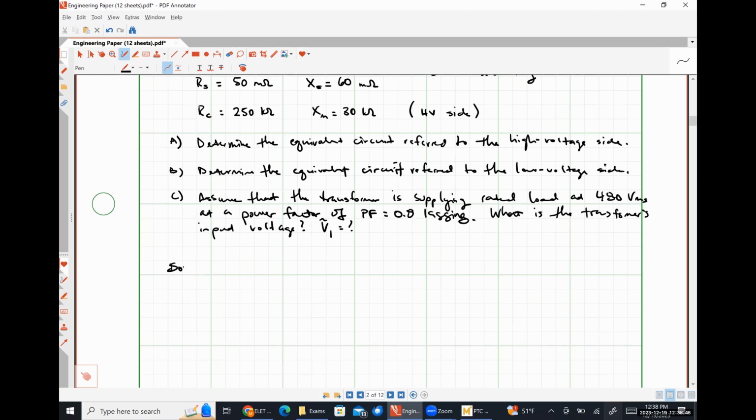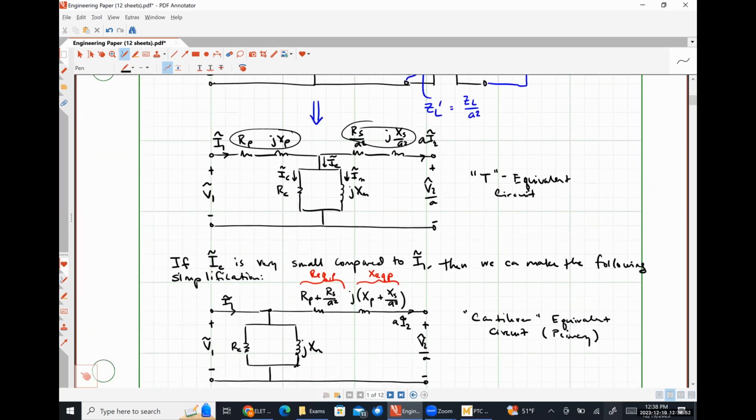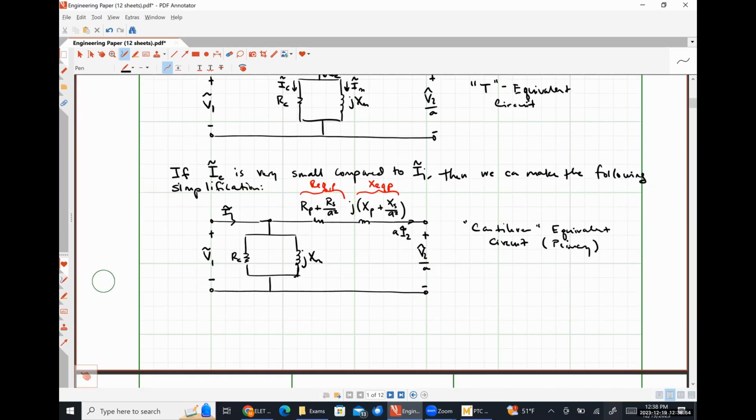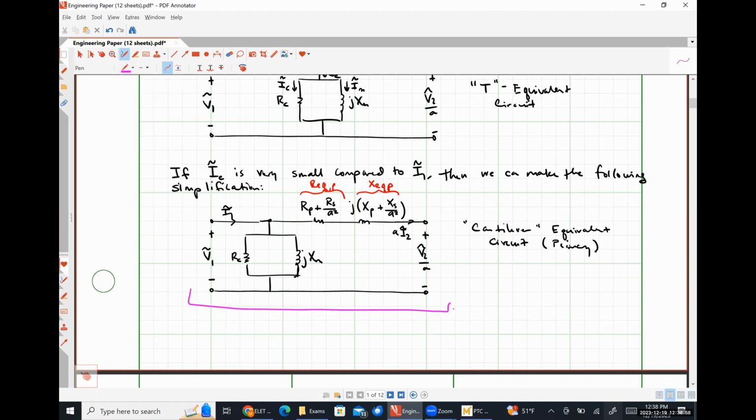So let's look at some things here. Let me scroll back up. So we are trying to come up with this circuit right here based on the data that we were given.